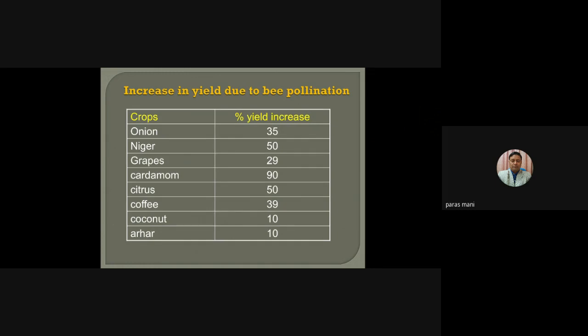But honeybee activity in all these coffee varieties influences higher yield. Around 15 to 20% with respect to the Arabica variety, and 40 to 60% higher yield with respect to the Robusta variety. In coconut also, we will get 10 to 20% higher yield.